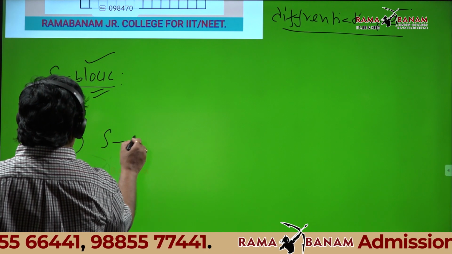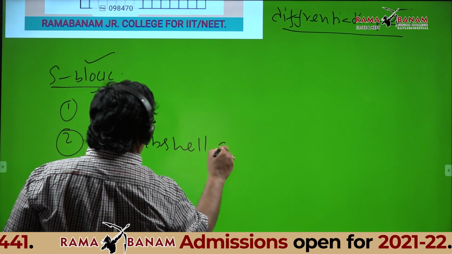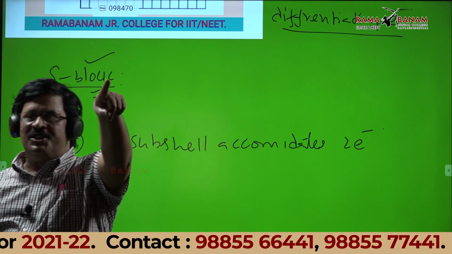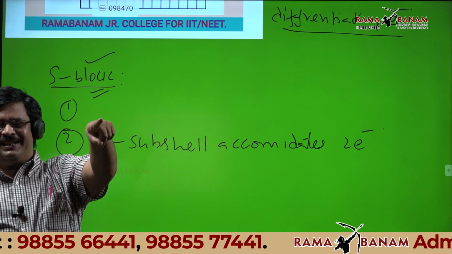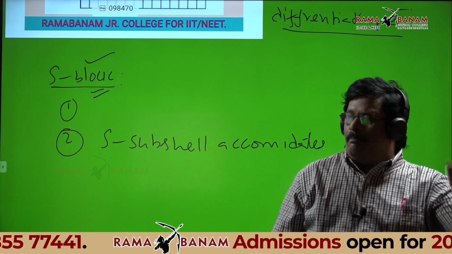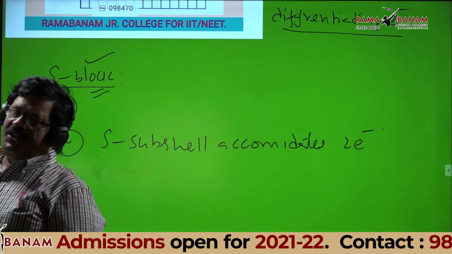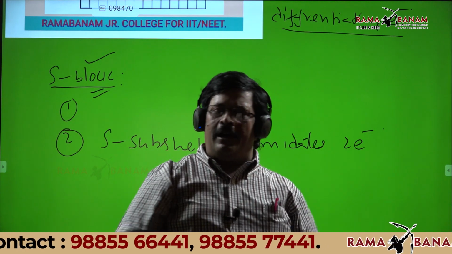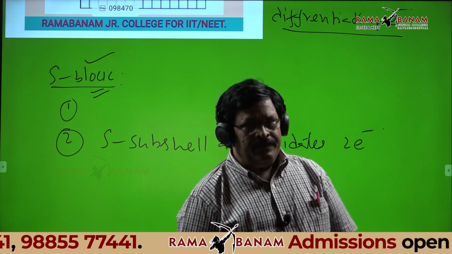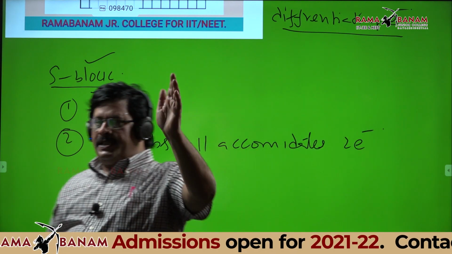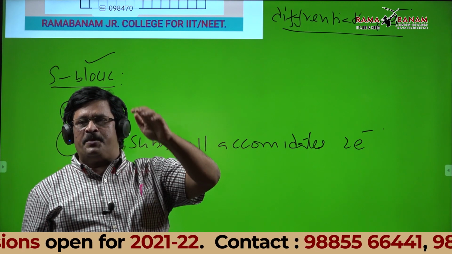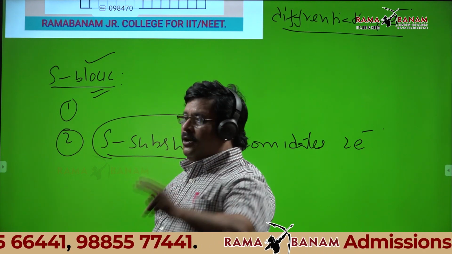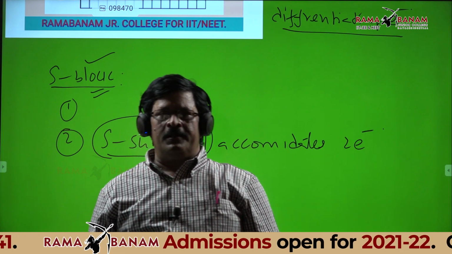Because S subshell accommodates only 2 electrons, S block contains only 2 groups.